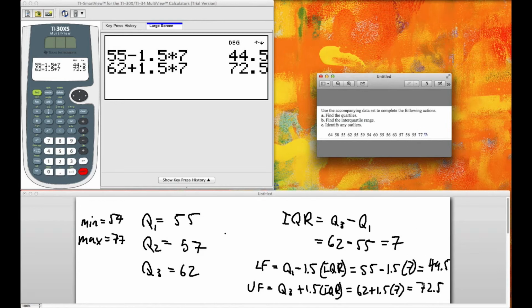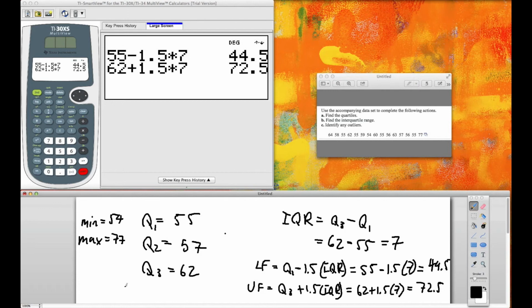Now, is there any other number higher than 72.5? As I'm looking here, there is not. So we can say that there is one outlier in the set of data, which is 77.